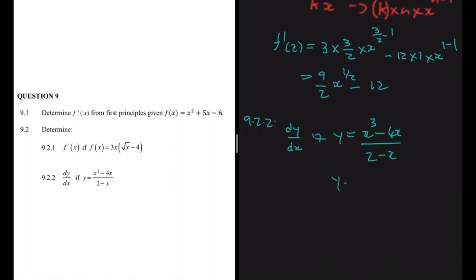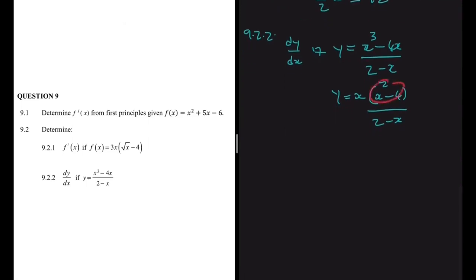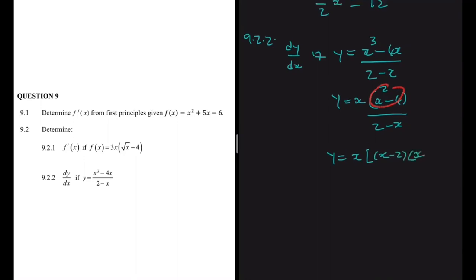So we're going to get y is equal to x, and then we're left with x squared minus 4 divided by 2 minus x. And wait a minute, now we have a difference of 2 squares, right? So we can factorize that. So we're going to have y is equal to x, and then now we have x minus 2 multiplied by x plus 2, right?